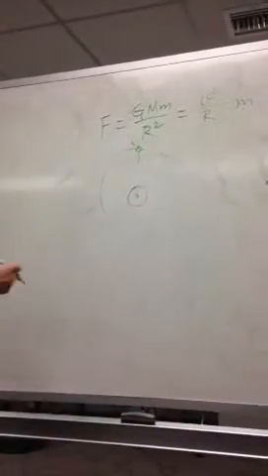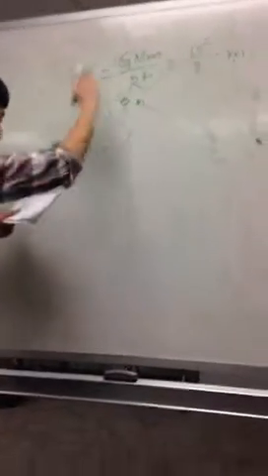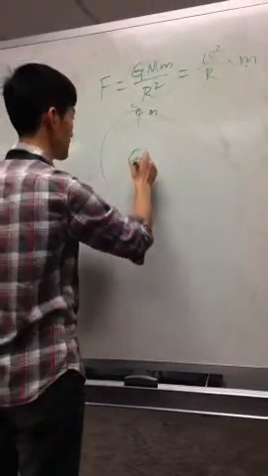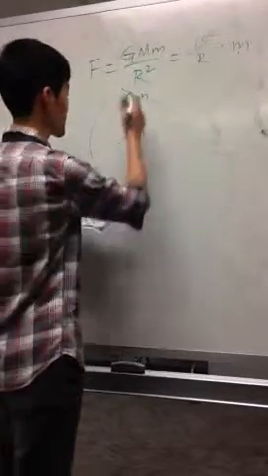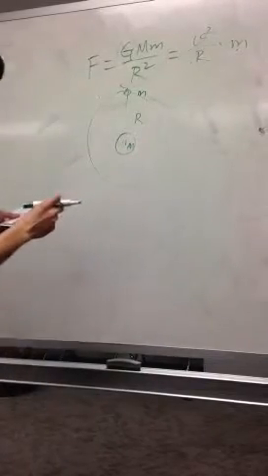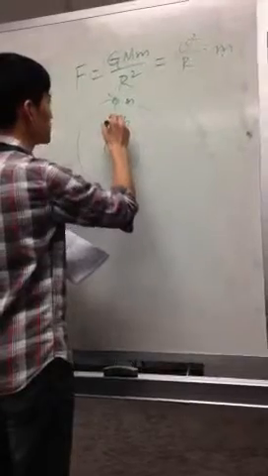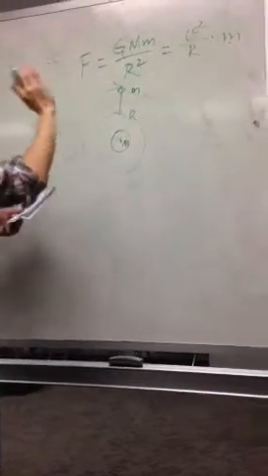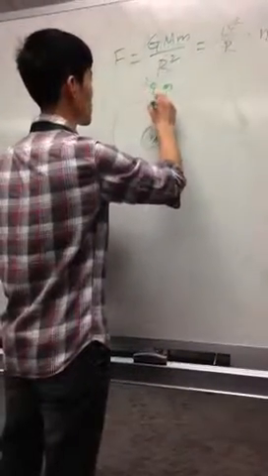So, number 3, a spaceship of mass m circles a planet of mass big M, and the radius is R. Right now, we want to push the spaceship into a new orbit with radius 3R.